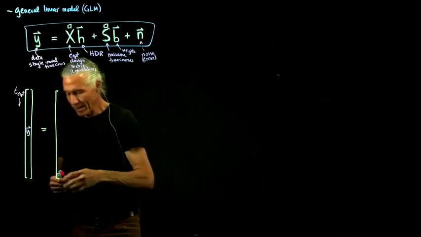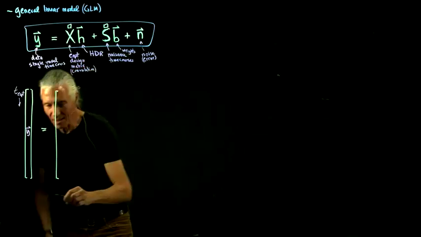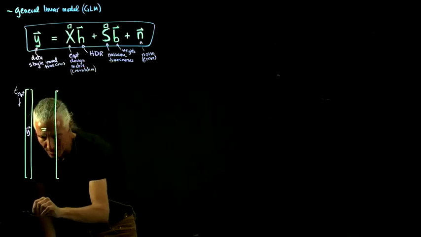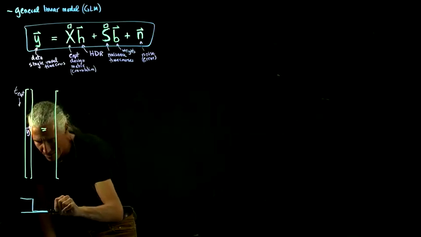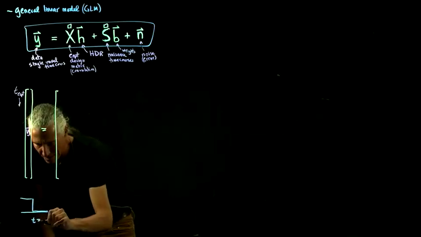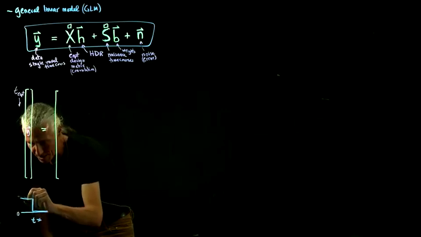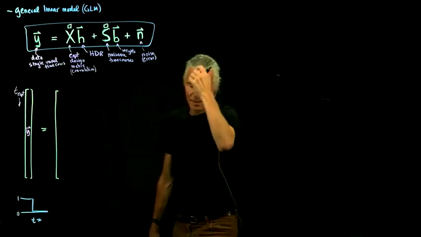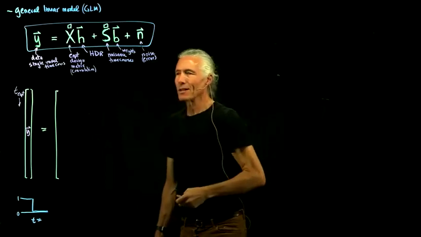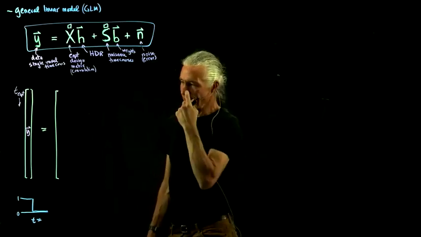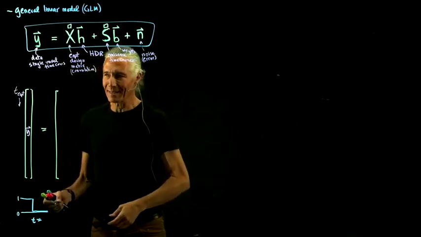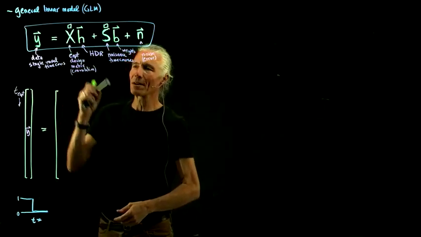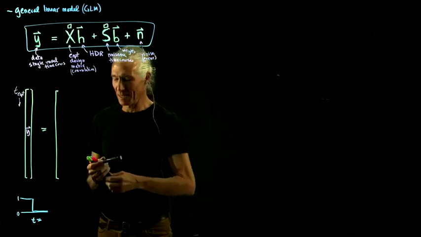So what are we illustrating here? We're illustrating the most brain-dead possible experiment, which is we turned the stimulus on and then we turned it off. That's time, and this is 0 and 1. So we turned the stimulus on, turned it off. That's it. And how do we convolve that with an unknown hemodynamic response function?